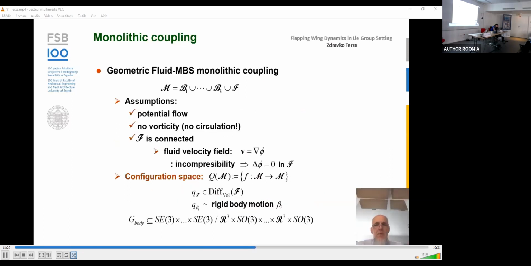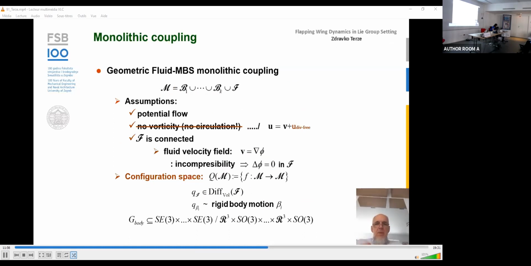For coupled problem modeling, we assume system consisting of k bodies and fluid that occupies region M in 2- or 3-dimensional Euclidean space. This means that configuration space of coupled system is set of all appropriate maps from M to M. We assume potential flow with no vorticity, which means that fluid velocity can be expressed via potential or solved by using Laplacian equation.